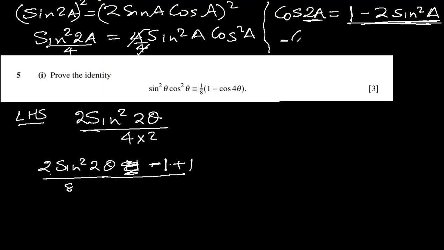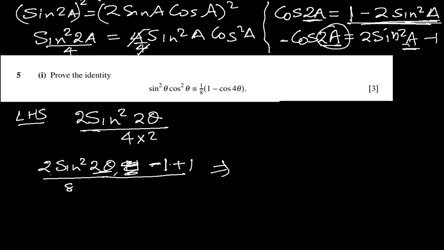That means we can change the identity. Negative cos 2a equal to 2 sine square a minus 1. I change the sign of all three of them and this becomes a new identity which exactly matches with this. Only difference is here the angle is theta, here the angle is 2 theta. Since cos 2a is double, this angle is double of this angle, I can write this as cos 4 theta, plus, rather minus, it is minus, right?